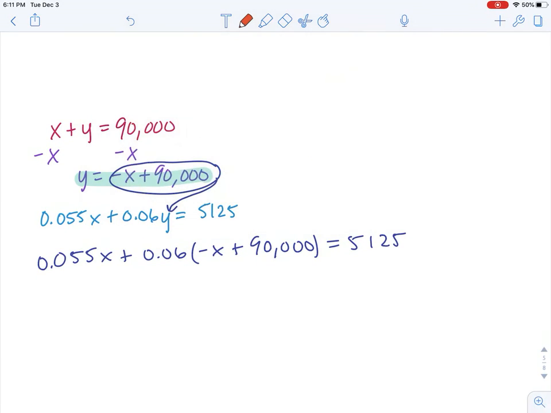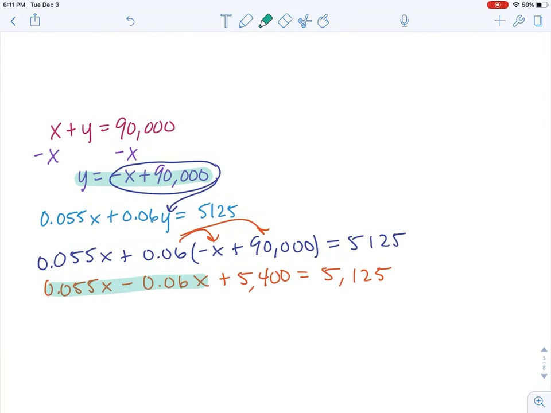So next we need to distribute our 0.06. So 0.06 times negative x makes a negative 0.06x. 0.06 times 90,000 is 5,400. And that's equal to 5,125.